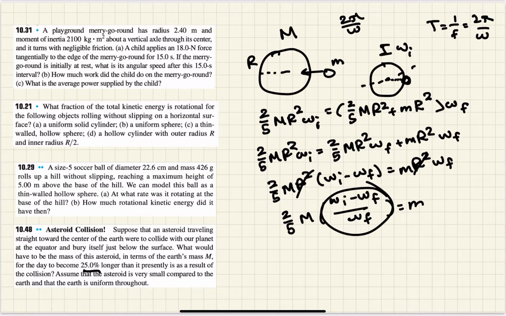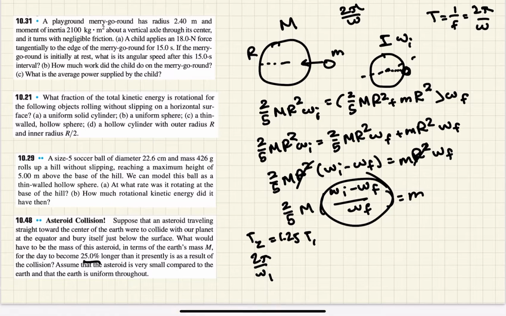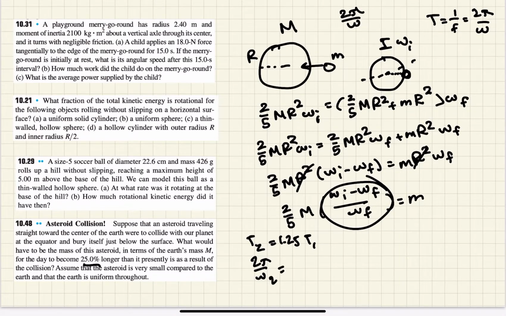So with that in mind, T2 is equal to 1.25 times T1 because it's 25% more. That means 2 pi over omega 2 is equal to 2 pi over omega 1 times 1.25. And I realize it's omega final and omega initial, but it doesn't really matter. It's the same thing. The 2 pi's cancel, and we're left with omega initial is equal to 1.25 times omega final.